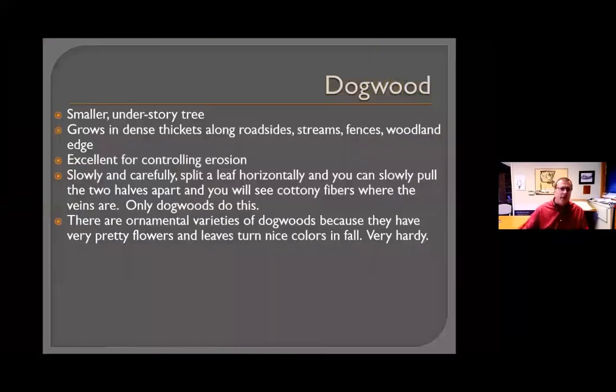The other thing to think about is these have a tendency to naturalize or sucker and spread, so make sure you give some space to these. Great for erosion control too, and there are lots of different forms that you can choose from, but all produce good flowers that pollinators like, and then fruit that birds will eat later in the season.